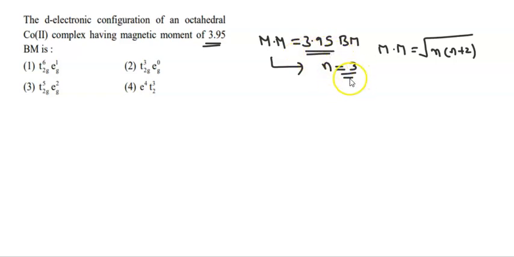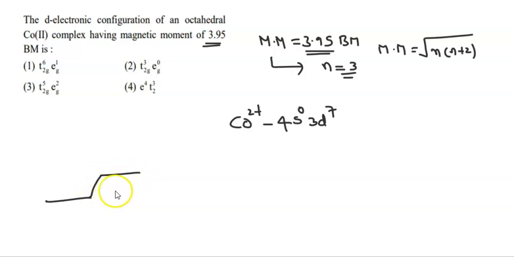So 3.95 BM means the number of unpaired electrons is 3. In which configuration is cobalt 3+ having 3 unpaired electrons? Here, already given cobalt 2+ configuration, 3d7 4s0, should have 3 unpaired electrons, and it is an octahedral complex.